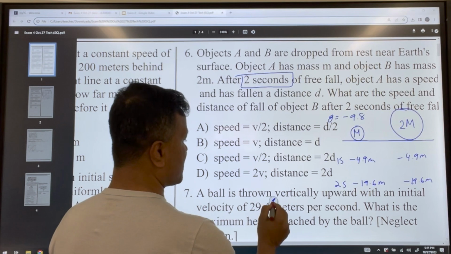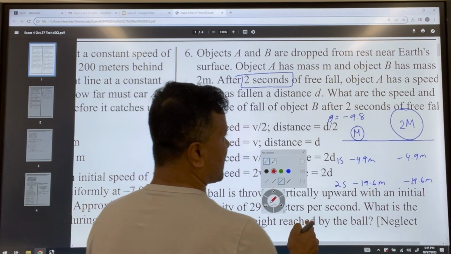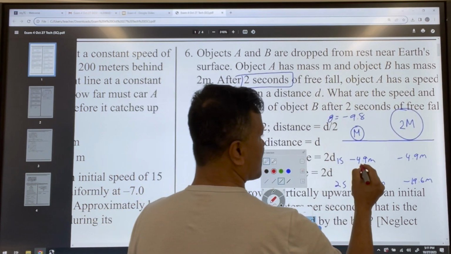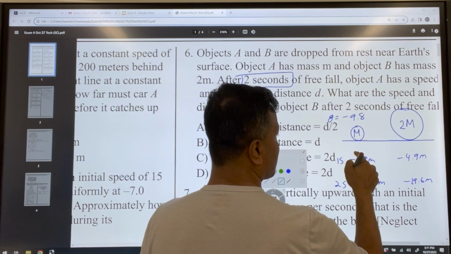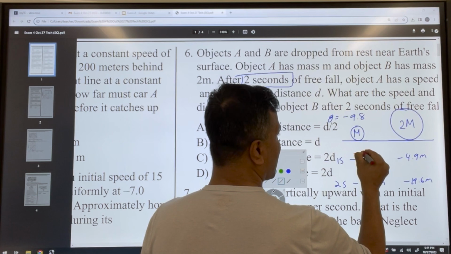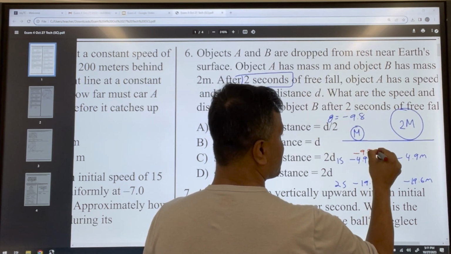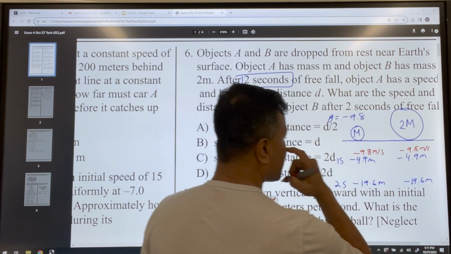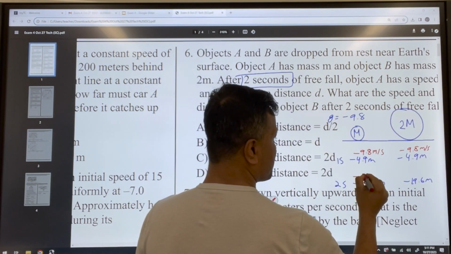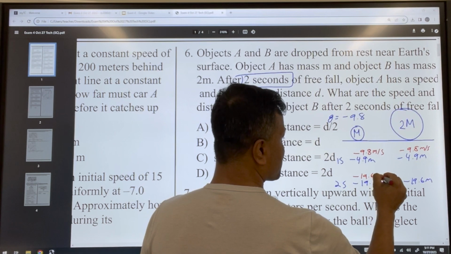Now we're going to write the velocity. At the end of 1 second, the velocity would be negative 9.8 meters per second, right? And at the end of 2 seconds, velocity would be 19.6 meters per second.